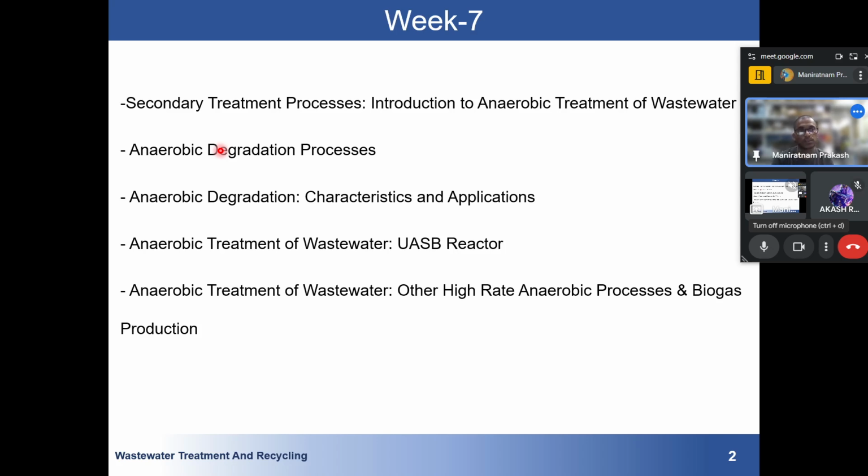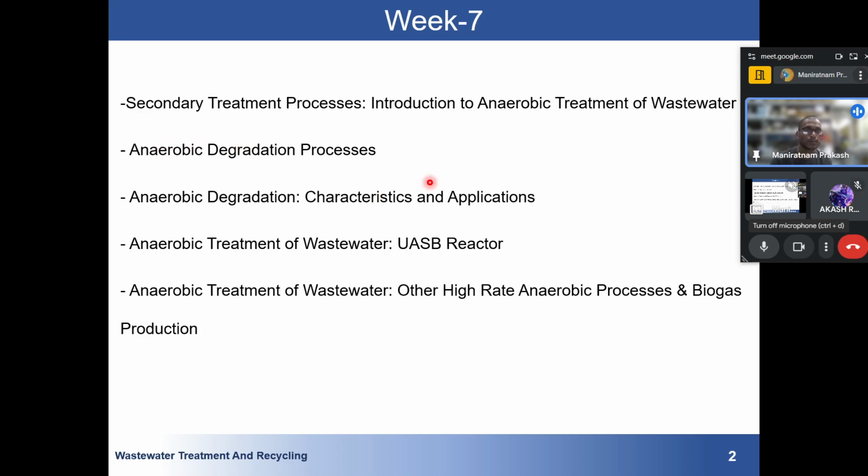We started with preliminary treatment, then primary treatment, then we went to secondary treatment.